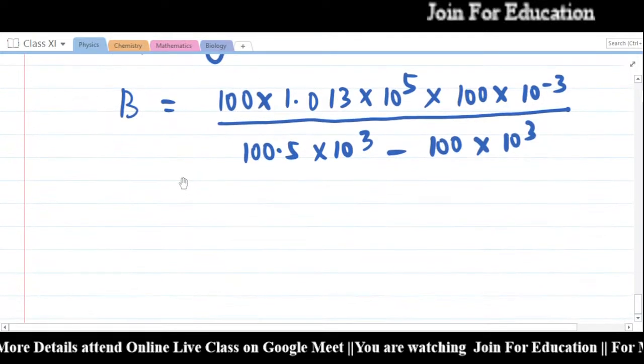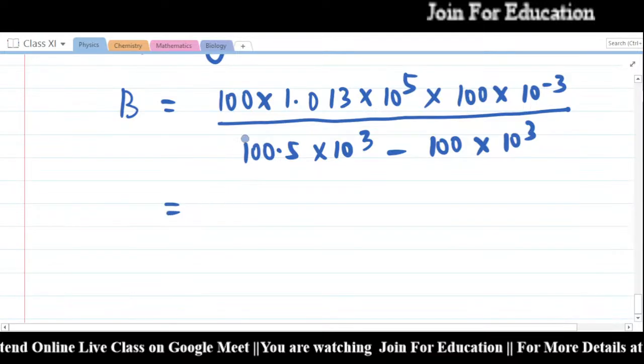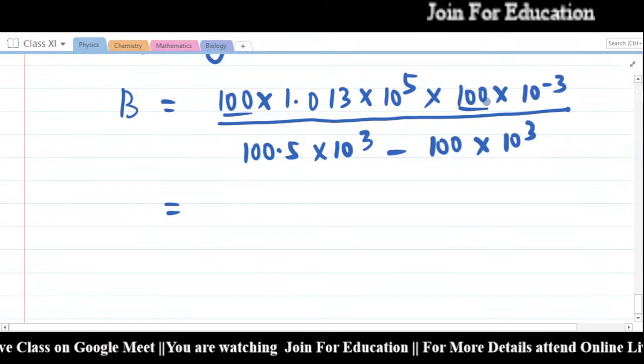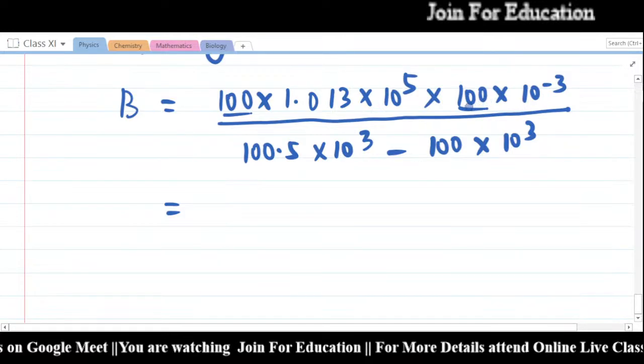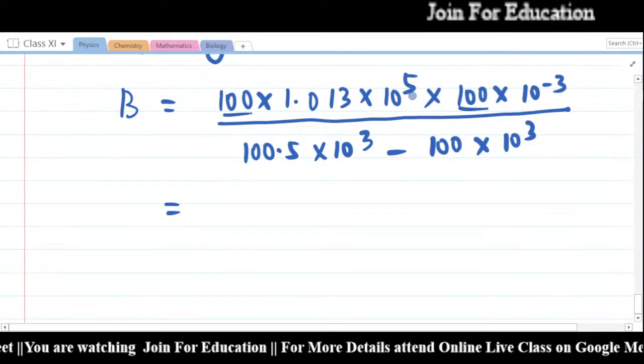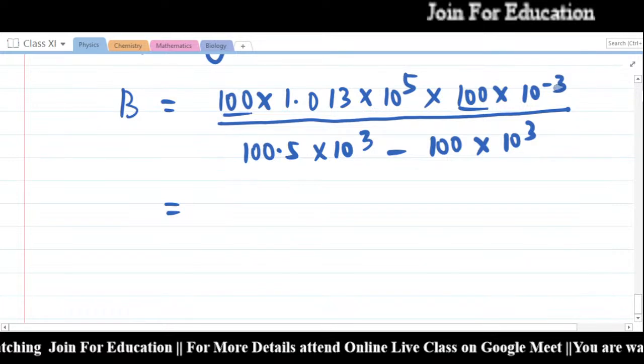So the next step: 10 to the power 2 times 10 to the power 5 gives 10 to the power 7, and 10 to the power 9 minus 3 equals 10 to the power 6.